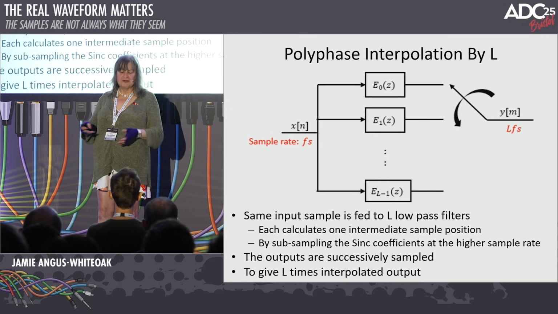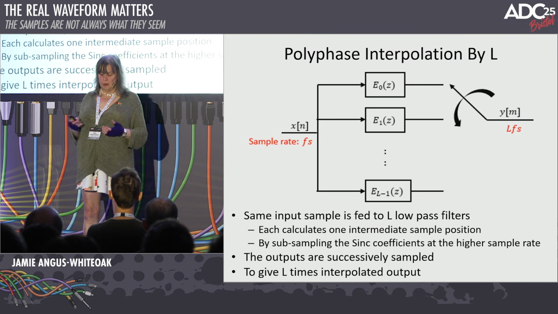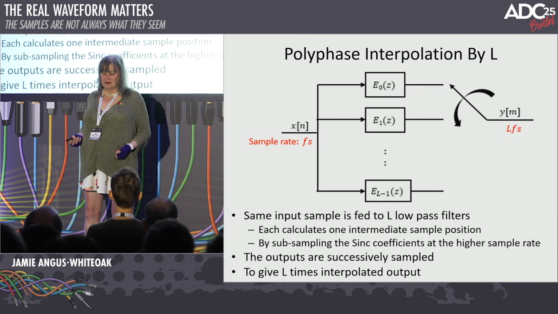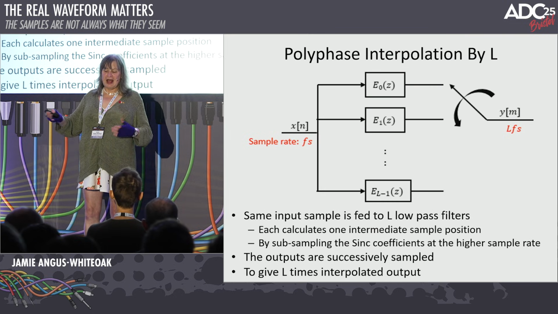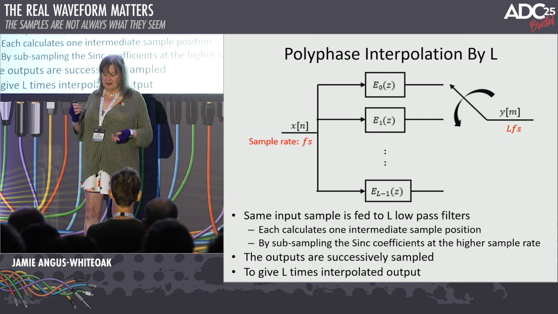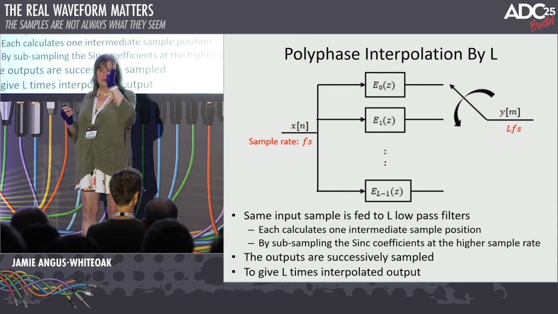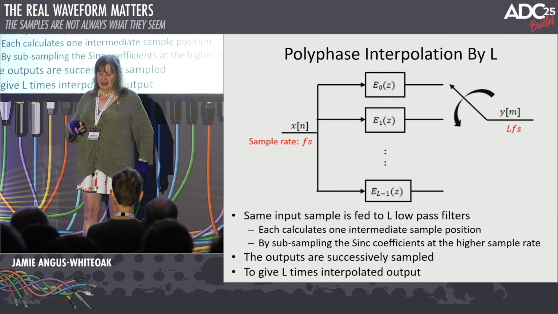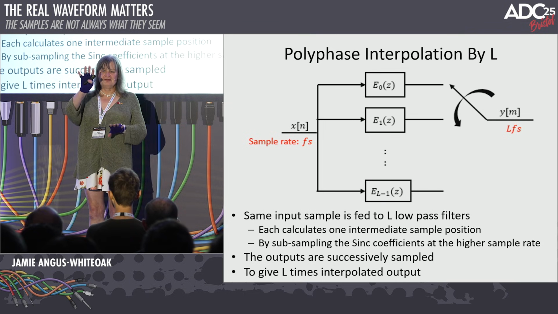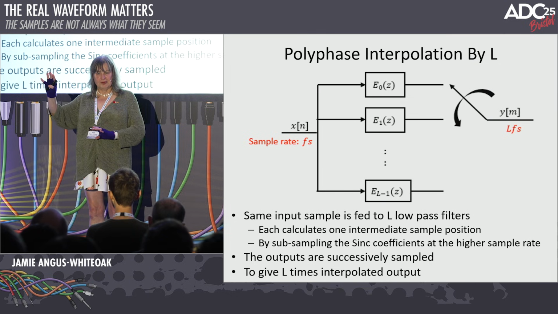And that's using an efficient implementation, which is the classic way of doing it. You don't have to compute the filter for the 0 samples. So what you do is feed the same sample into a block of filters, and each of those filters has a shifted version of the impulse response.